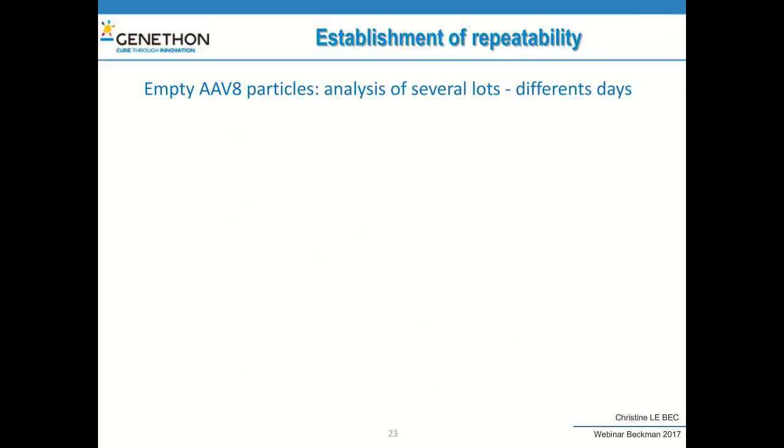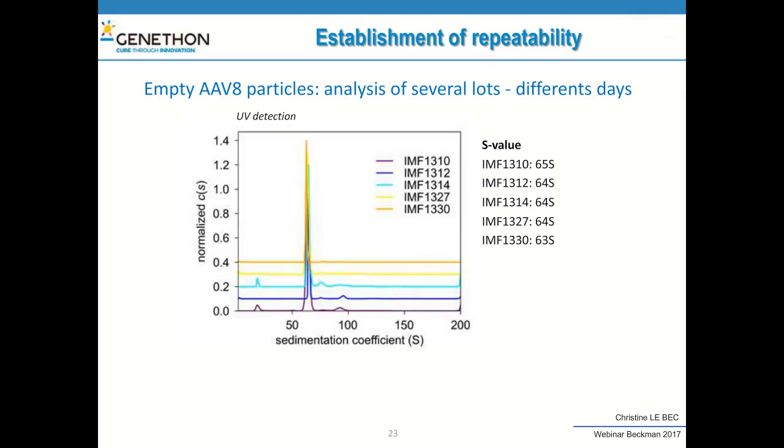We also run analysis of several lots at different stages just to see the repeatability of this method. Here you can see the overlay of 5 different preparations, and the S value is around 63 to 65, which is very similar.